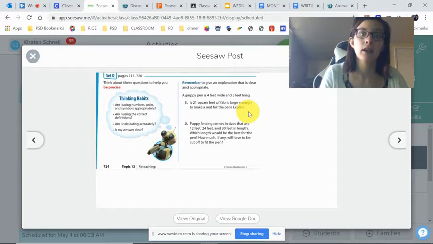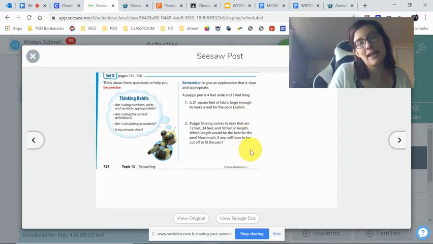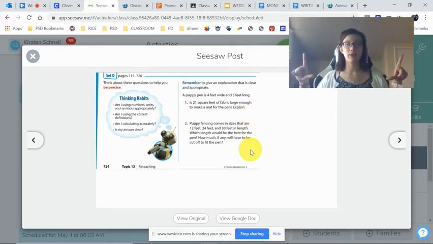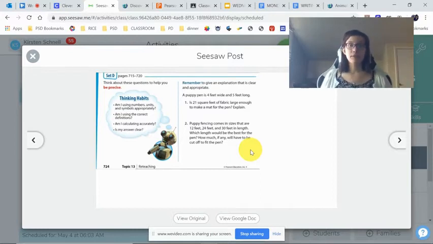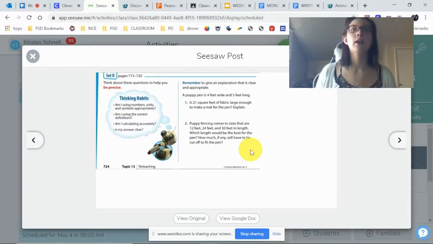Explain. Okay, so you need to explain if 21 square feet is big enough for the puppy pen to make a mat. Puppy fencing comes in sizes that are 12 feet, 24 feet, and 30 feet in length. Which length would be best for the pen? How much, if any, will have to be cut off to fit the pen? Okay?